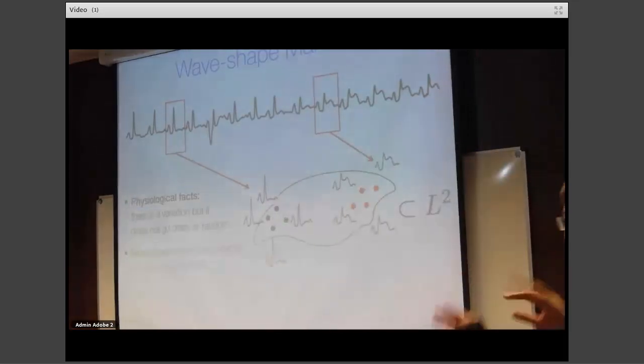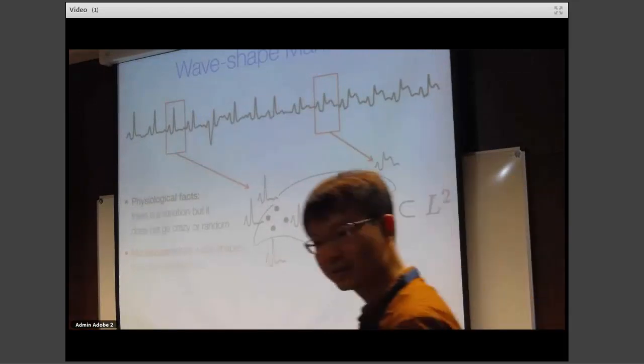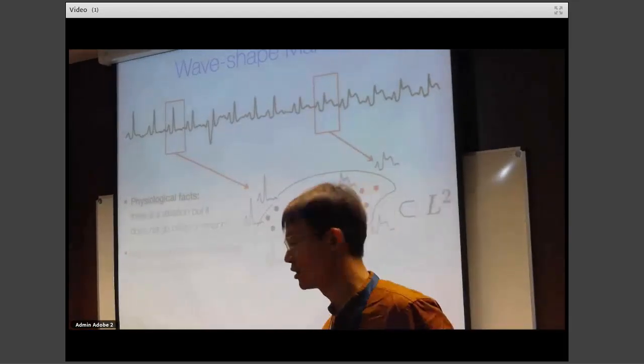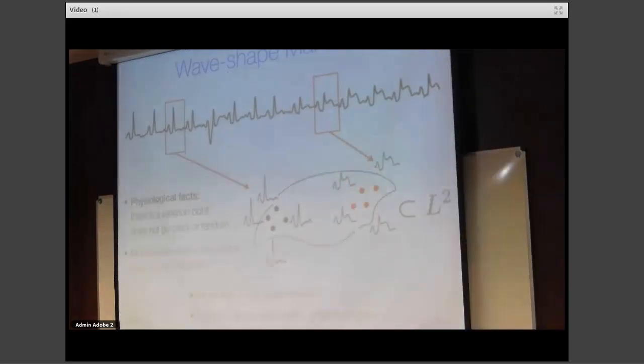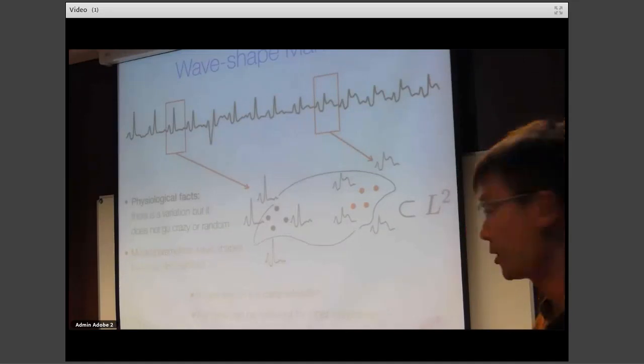Now just imagine that I replace this one-dimensional space by something curvy in high-dimensional space, to capture nonlinearity. That's called a manifold. So in this model, you just forget time. You do not acknowledge the temporal relationship between beats.